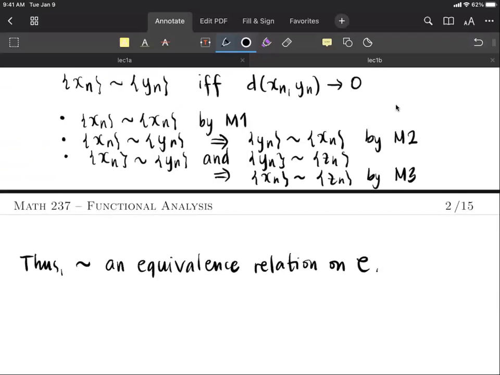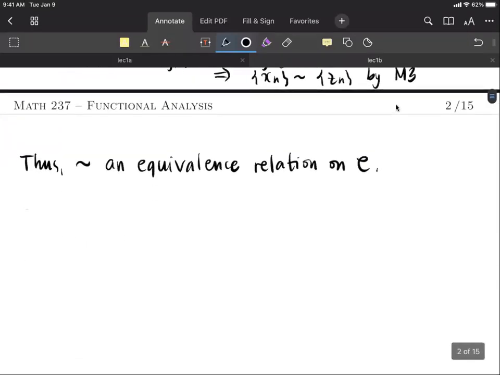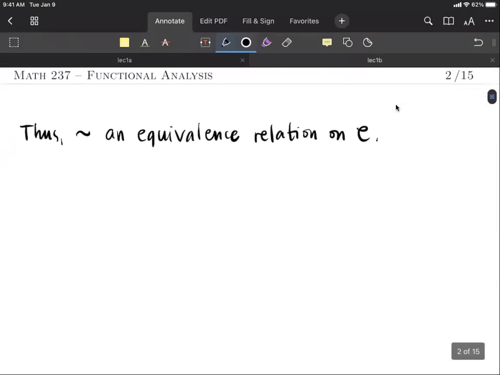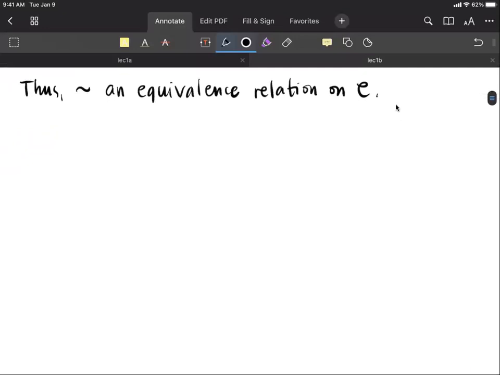Okay, now that we know that this is an equivalence relation on C, we define X bar to be the corresponding quotient space, or in some texts, this is called a factor space.